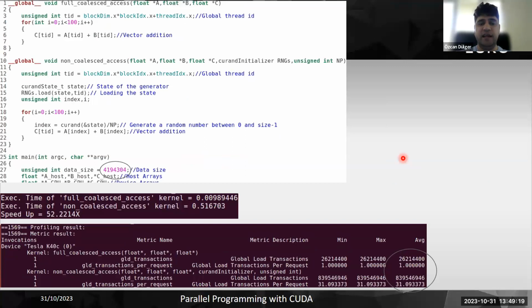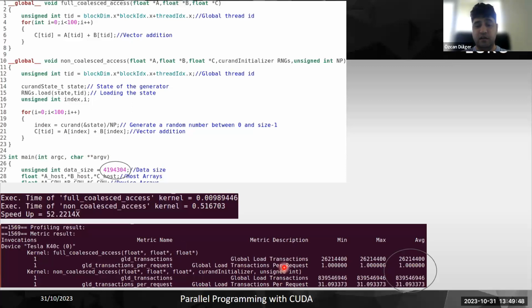Let's extend the data size here by setting it to 2 to the power of 22. Now the data size is 2 to the power of 22, and the execution time of the full coalesced access kernel is around 0.009, and the execution time of the non-coalesced access kernel is 0.5. So the speedup is around 52x, as you see.